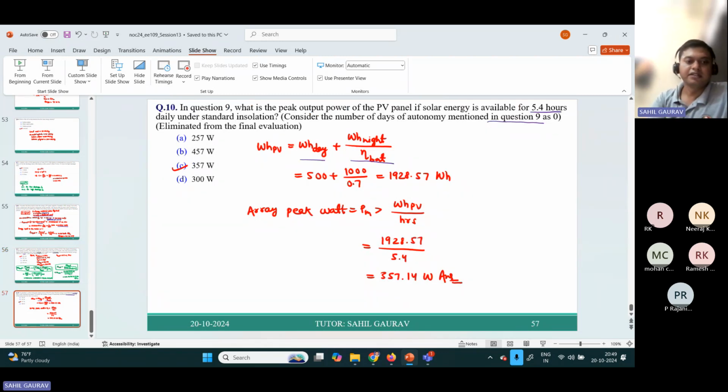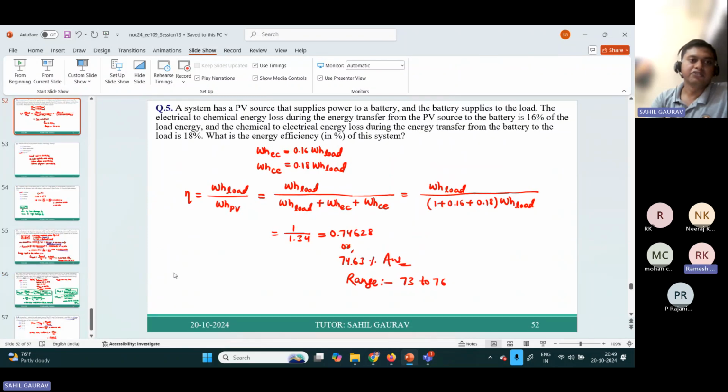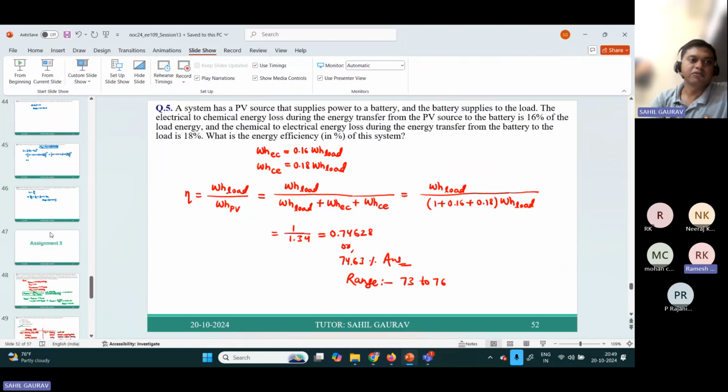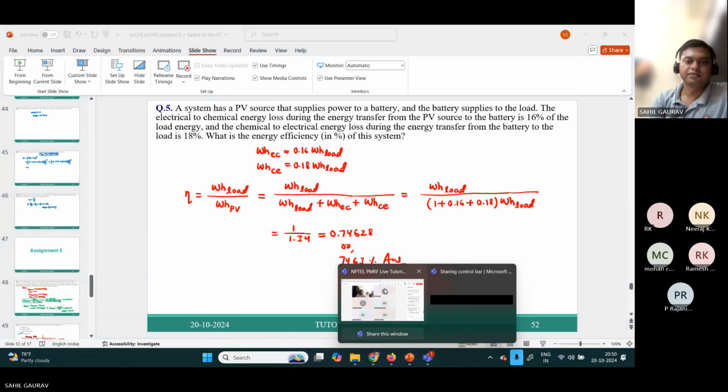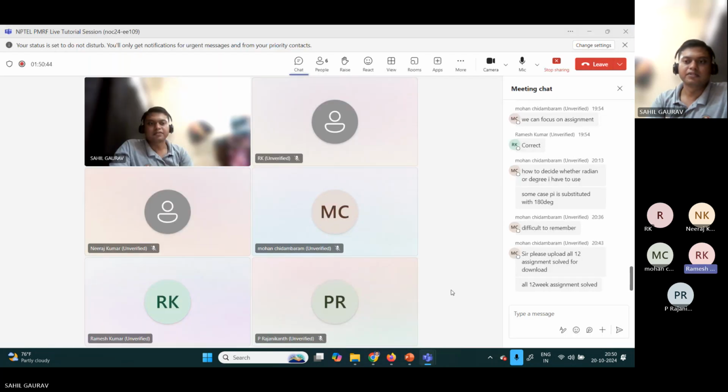I was not able to solve all the problems due to time constraint. So till assignment 5, I have solved the problems.